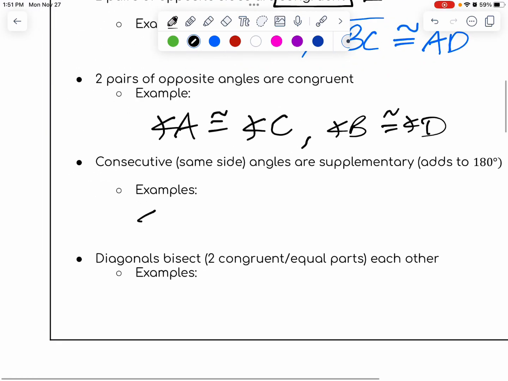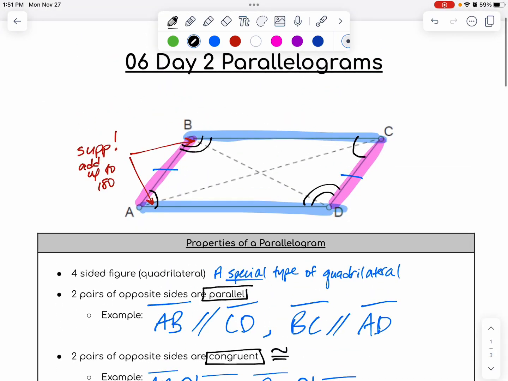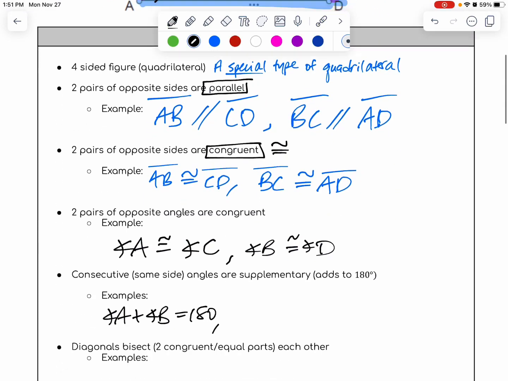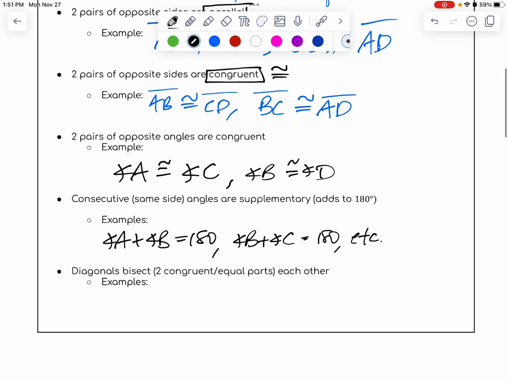So I'll put angle A plus angle B equals 180. Another pair that I wrote angles or arrows to was B and C. Those are consecutive. They're right next to each other. B and C add up to 180. That is fantastic. Angle B and angle C equals 180. And then I'll just put etc. because you can fill in the other 2 pairs. Add up to 180.